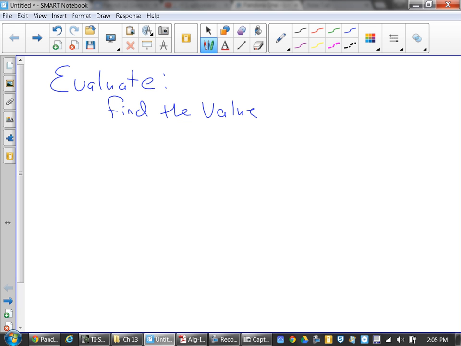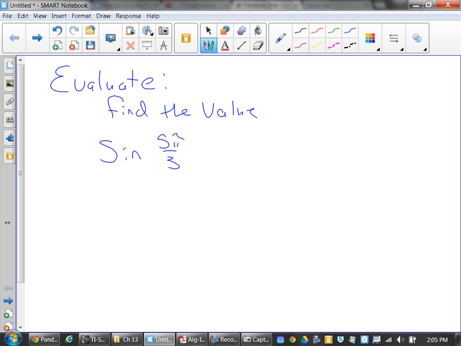Find the value. You find the value. So when you have trig stuff, that means evaluate. Find the value of sine at 5 pi over 3.